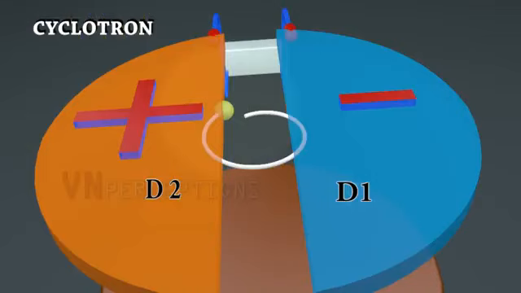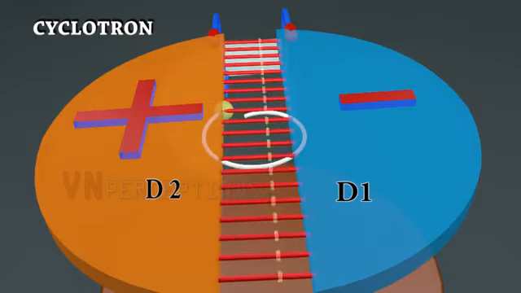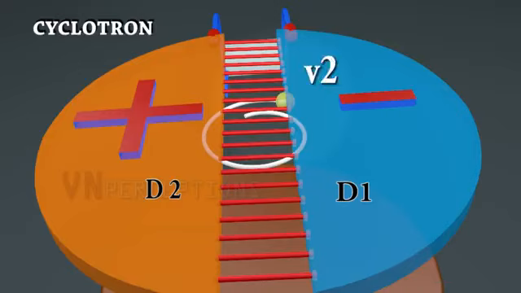Now D2 becomes positive and D1 becomes negative. When it comes out of the D, it again comes under the influence of the electric field. The electric field accelerates the charged particle. The particle now moves from D2 to D1 and its velocity increases to v2.